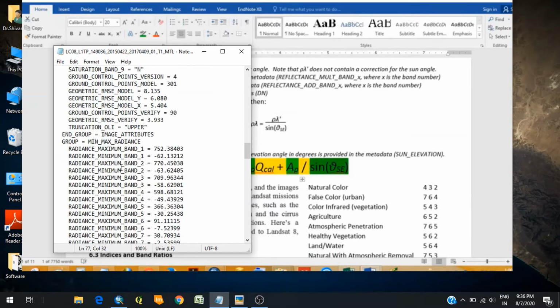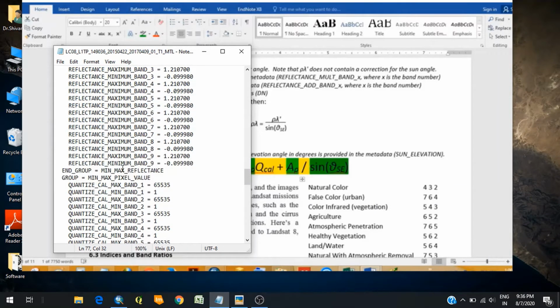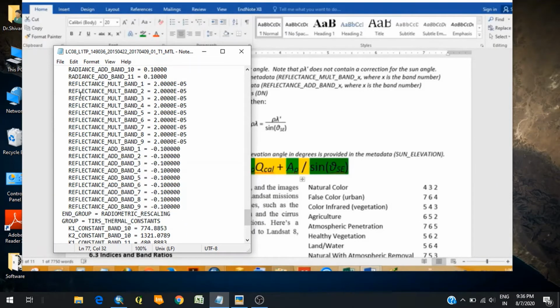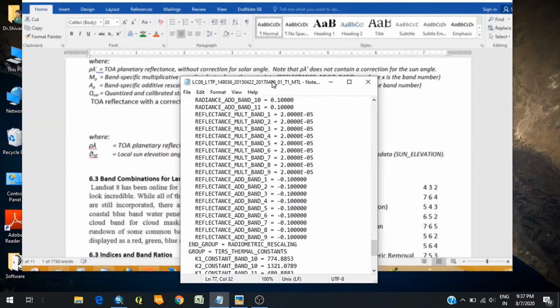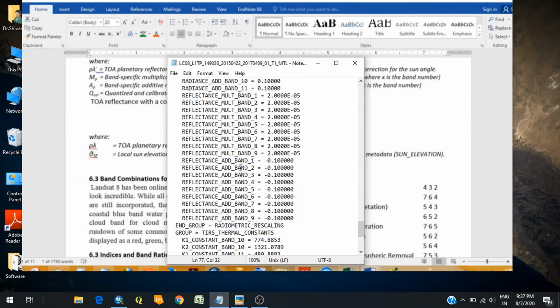And then once you scroll down, you can see the reflectance bandwise values for the multiplicative rescaling factor, and similarly you have the bandwise values for the additive rescaling factor. So we'll use these values in order to convert the image into reflectance.